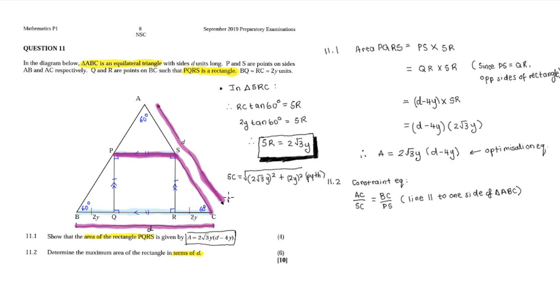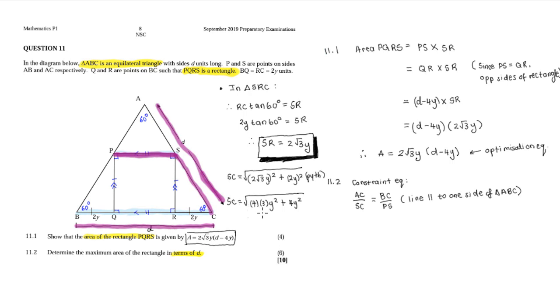So SC simply works out to be the square root of 4 times 3 times y squared plus 4y squared.